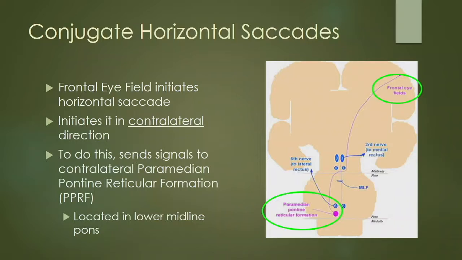So it sends it all the way down to the contralateral side, and the PPRF is then involved in coordinating that signal to then initiate the actual eye movements, the eye saccade, in the opposite direction of the frontal eye field that signaled it. So it sends a signal up to the 6th cranial nerve nucleus, the abducens nucleus, right above it in the midline of the pons, the lower pons, right here.